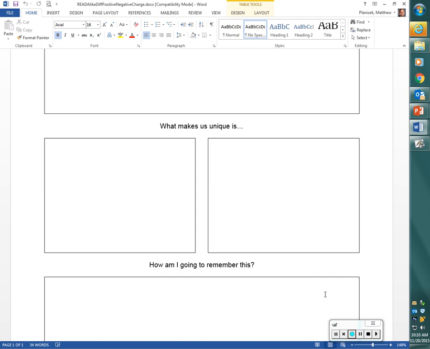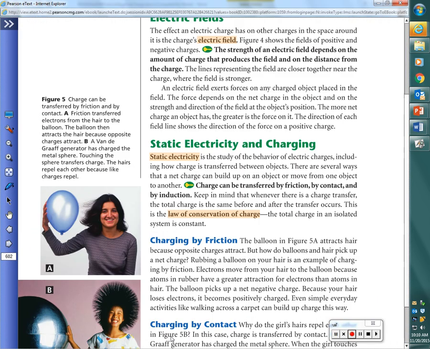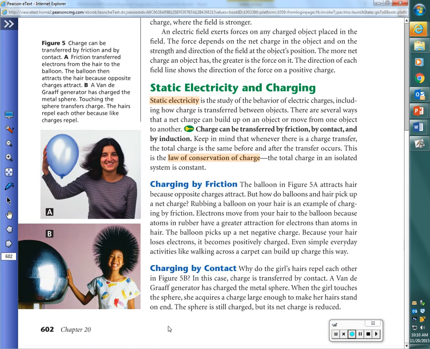All right. Yesterday, towards the end of class, we didn't actually get done with this, but if you would please, open up your book to page 602. On page 602, about halfway down, there is a section labeled Static Electricity and Charging.